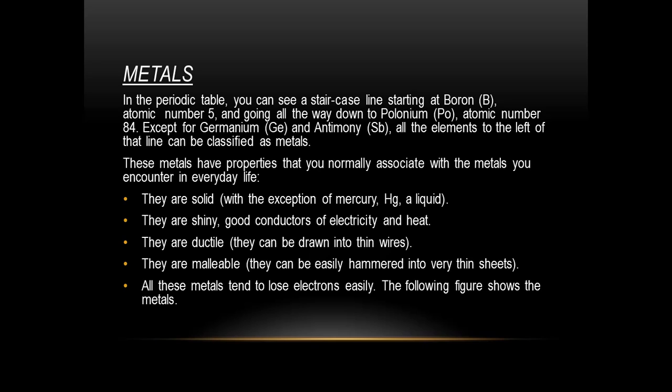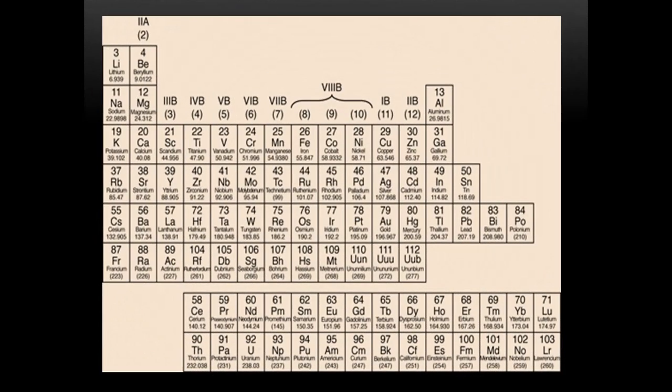These metals have properties that you normally associate with the metals you encounter in everyday life. They are solid, shiny, ductile and malleable, and all these metals tend to lose electrons easily. So they are good conductors of electricity. Again, this is the look of the periodic table.